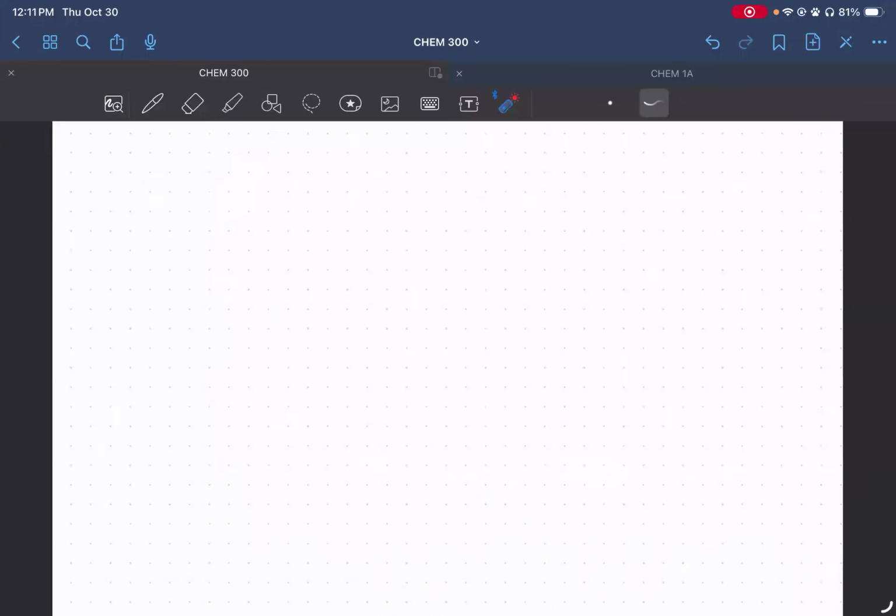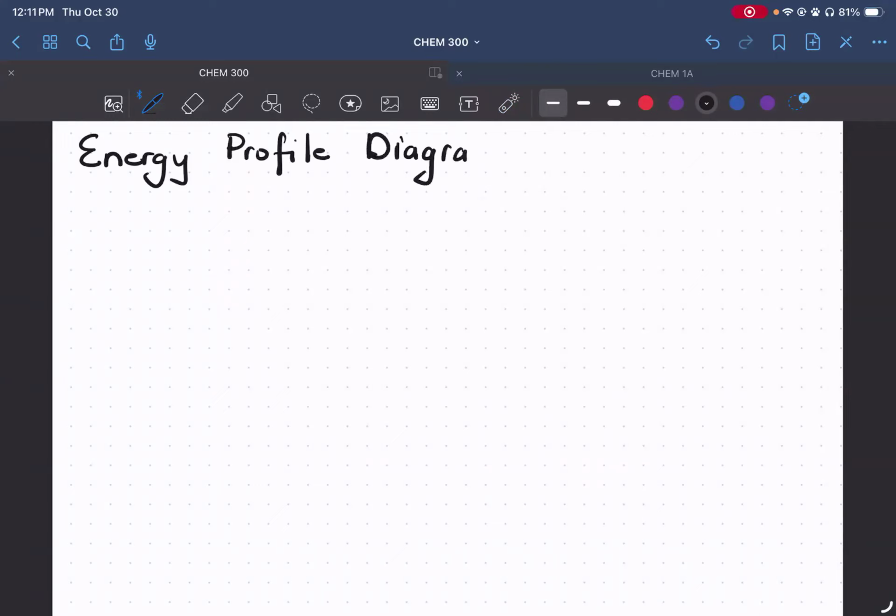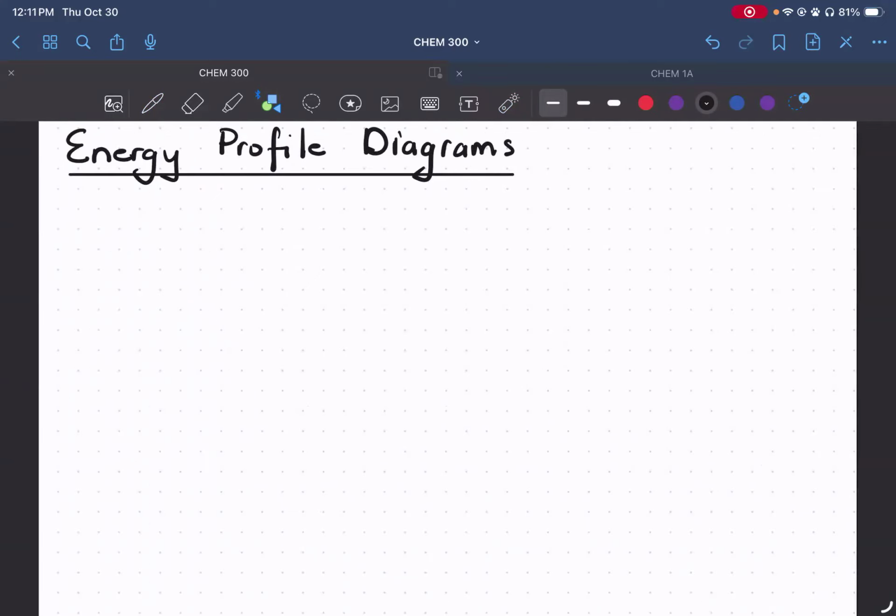Our next topic under thermochemistry is energy profile diagrams. Energy profile diagrams are what allow us to visualize the energy of a reaction.